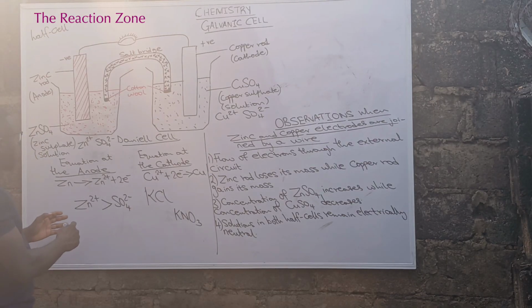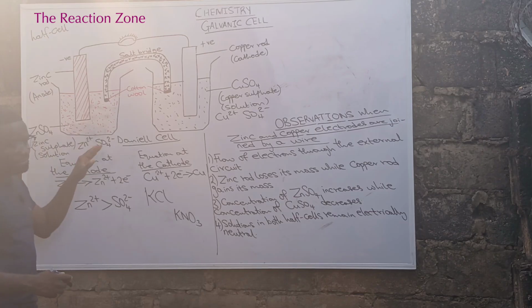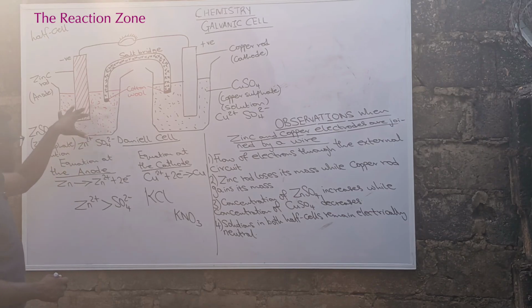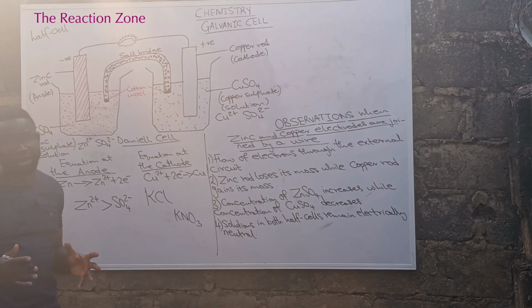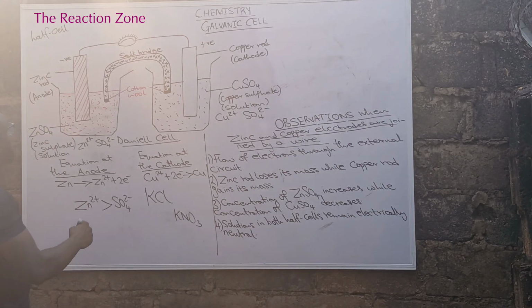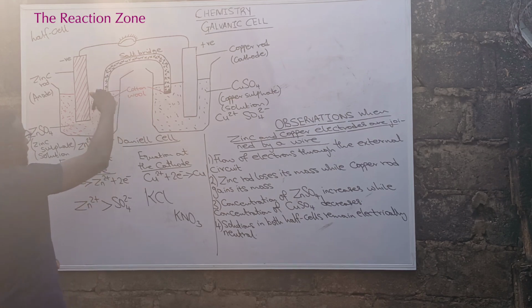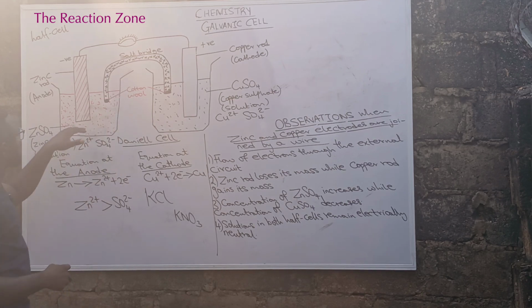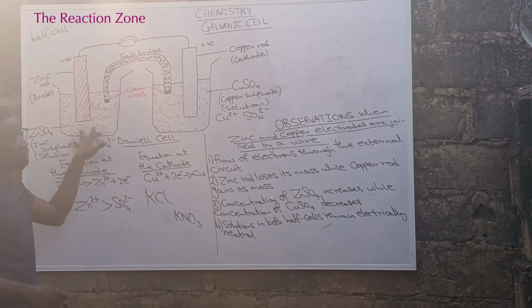Now, as the concentration of zinc ions increases, the solution tends to be more positively charged. To ensure that that does not happen, the Saltbridge will release anions that will restore the balance and ensure that this solution does not become positively charged but remains electrically neutral.